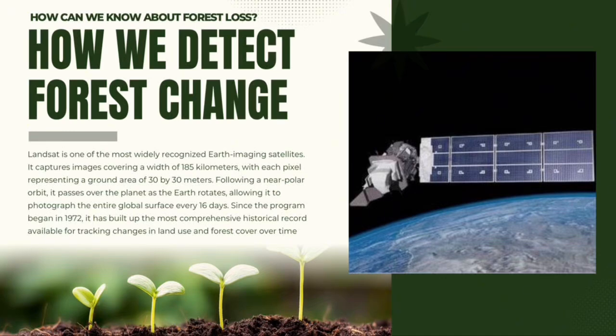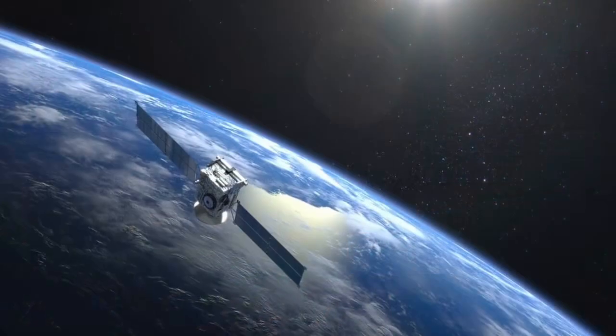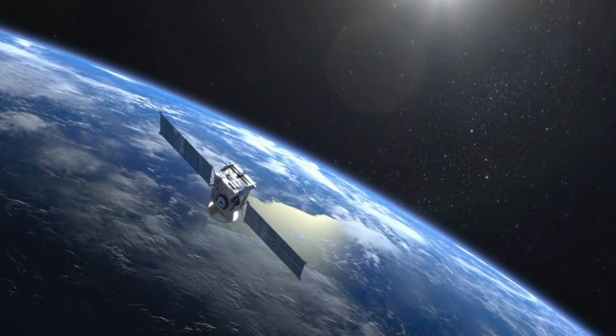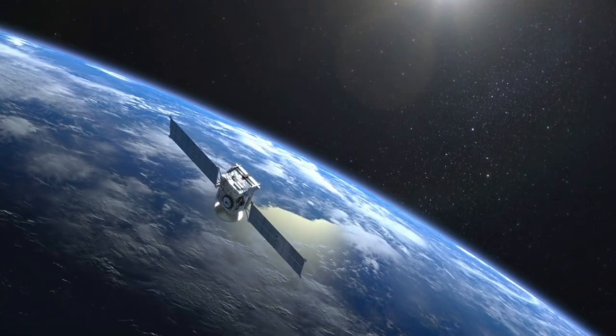This satellite travels around the Earth in a steady path, and it passes over different places as our planet turns. Because of this, it can take a full set of photos of the world every 16 days. Now that's quite interesting. Actually, you can use the Google Map app to view the pictures.